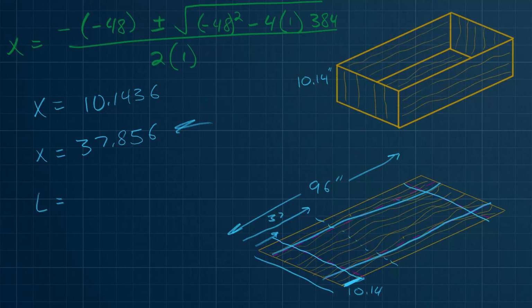The length was equal to 96 minus 2x. So 96 minus 2 times 10.14, which equals 75.713.